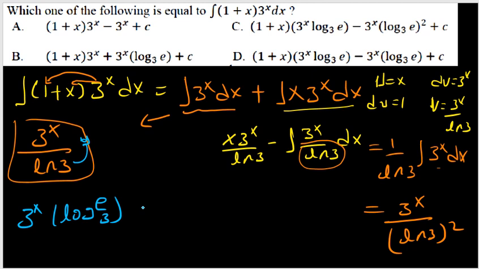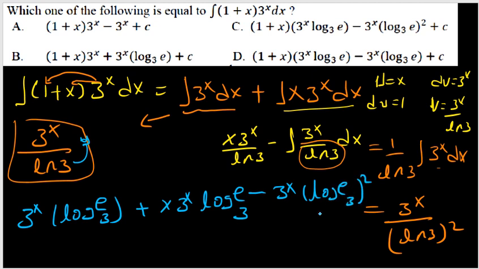The second one plus, it's plus here, x 3 to the power of x, then logarithm of e to the base 3 minus 3 to the power of x logarithm of e to the base 3 squared. So everything is perfect, but here these two are common.